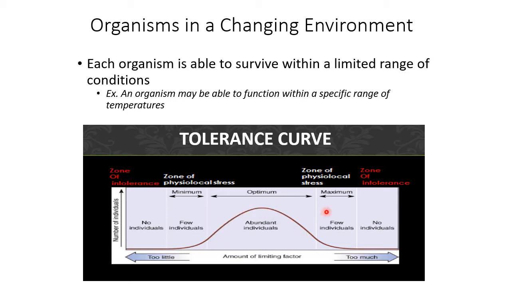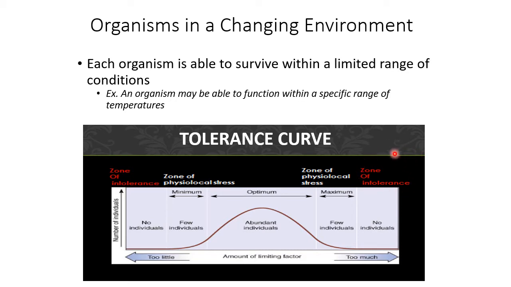Now, if we have too much of a limiting factor, we can get few individuals to even no individuals. Where if we have too little, we can get few to no individuals. And then we have these zones. The zone of physiological stress is where there is the maximum or minimum amount that is truly needed.